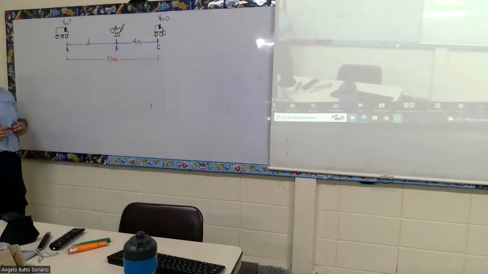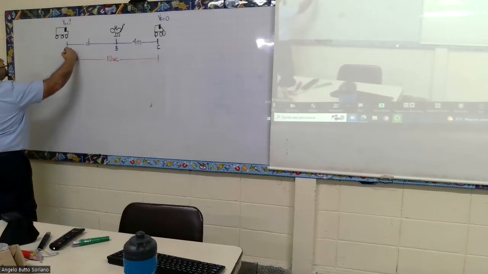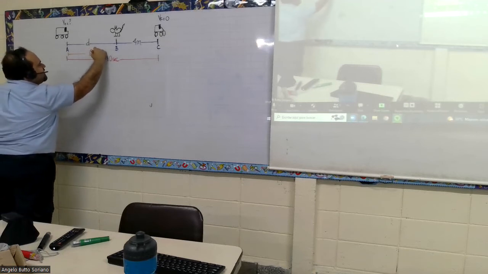And remember what the problem says: in the first 8 seconds of the movement, the cable car reaches the dog. So the time between A and B is 8 seconds.